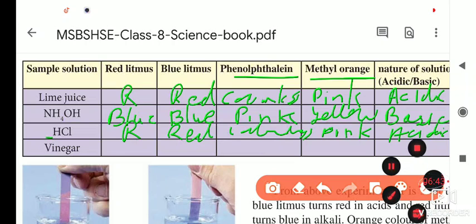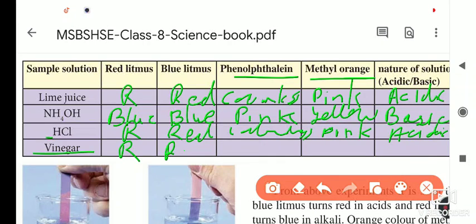Now the next solution is the acetic acid, vinegar. Vinegar is nothing but acetic acid. So in acid, the red litmus remains red, blue litmus turns to red, phenolphthalein is colorless, and vinegar is also colorless.